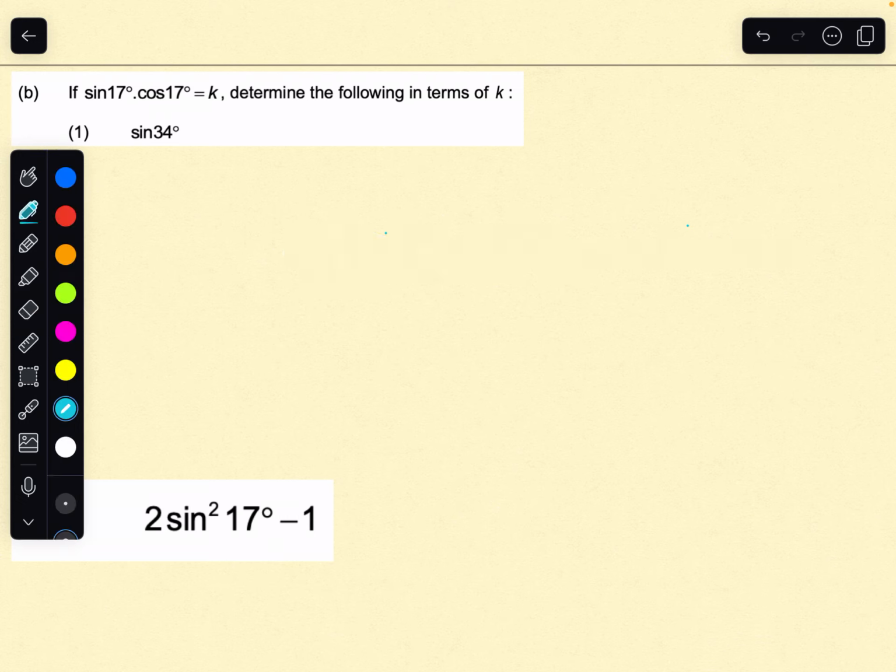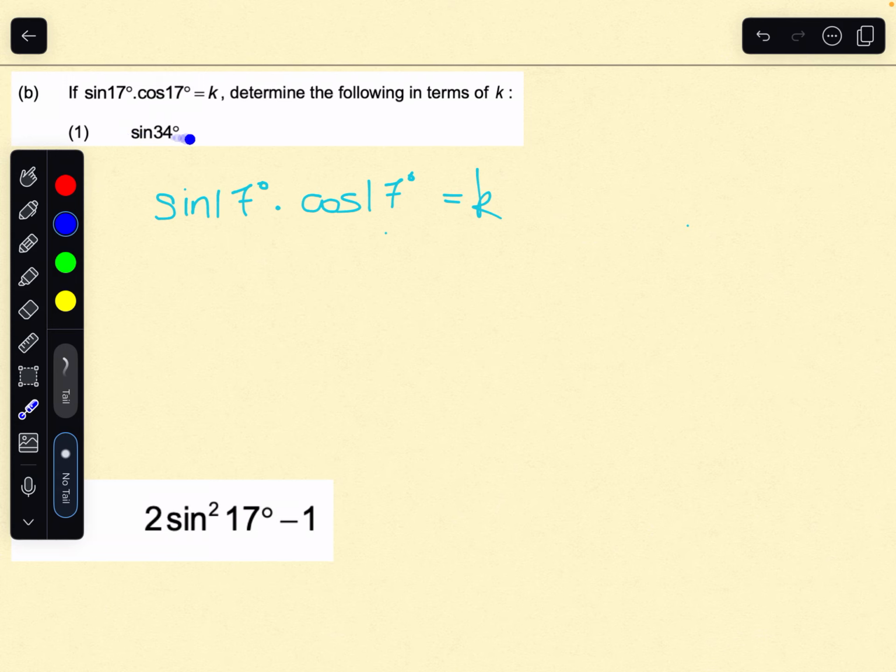We've been told that sine 17 times cos of 17 is some number k, and of course you could calculate what it is, and then reverse engineer things.